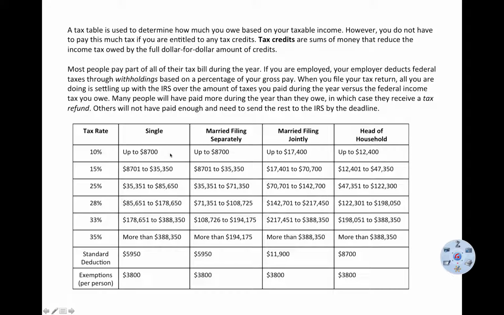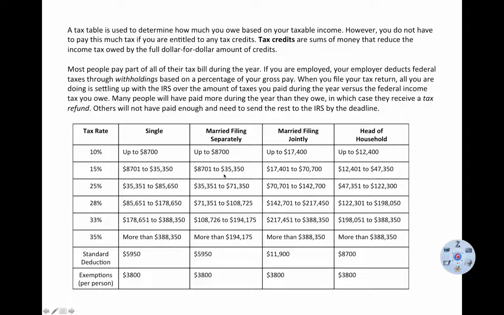Now, after we've paid 10% on our first $8,700, then the next chunk, depending on your status, let's say from $8,700 to about $35,000, you pay 15% on that chunk.